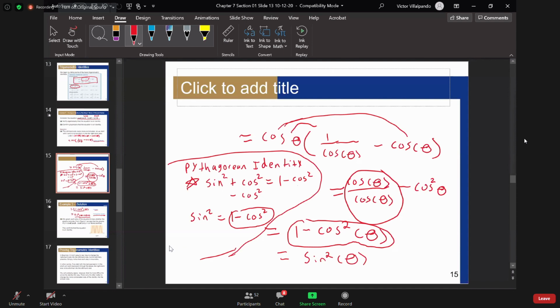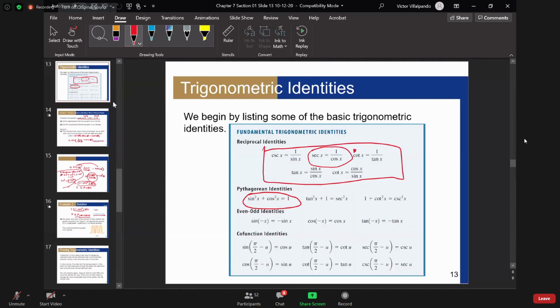All right, so it's mediocre. And it's mediocre because we need to know our reciprocal identities and our Pythagorean identities. So if you like, this could be your nice little, I don't want to say cheat sheet, but your nice little guide for this chapter because we'll be referring back to reciprocal identities and your Pythagorean identities.